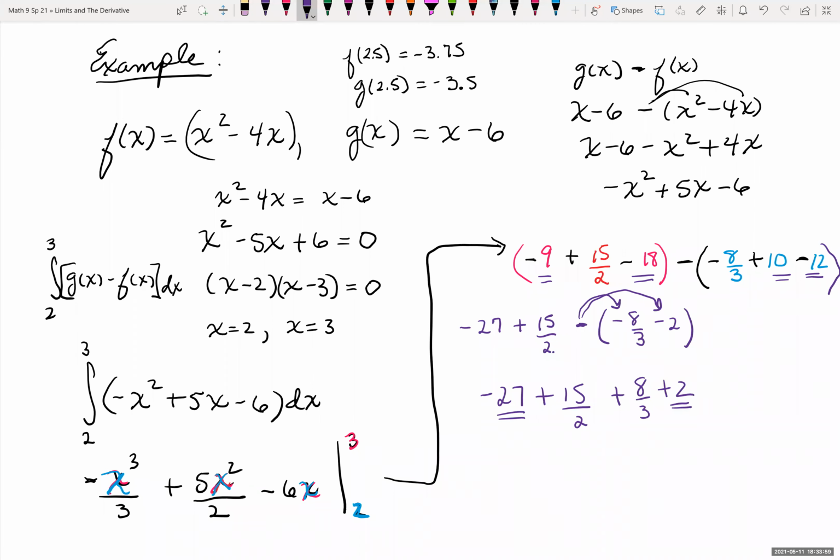So negative 27 plus 2. Okay, let's just keep going. I feel like I have an error in here, but let's just keep going. And then I'll look, unless you guys see anything, let me know. Negative 27 plus 2, so that's negative 25. Plus 15 halves plus 8/3.